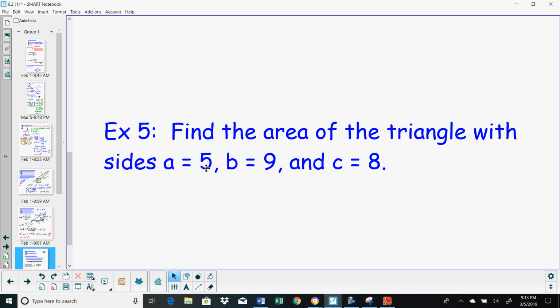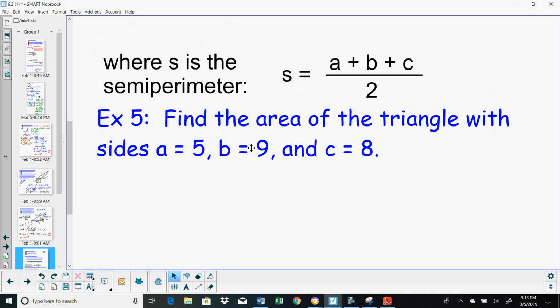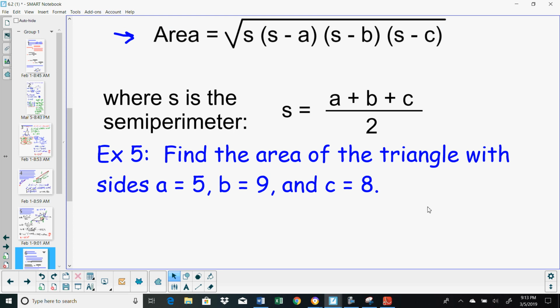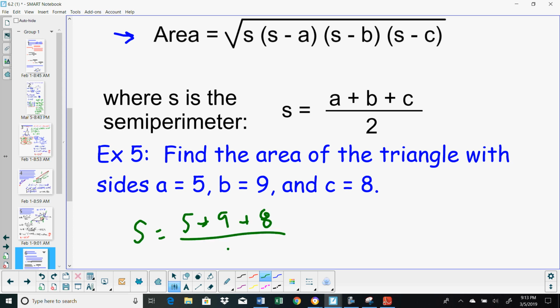For this one, let me move this up a little bit. We're trying to find the area of the triangle with sides 5, 9, and 8. So let's start off by finding the semi-perimeter. That's going to be equal to 5 plus 9 plus 8 divided by 2. 14 plus 8 is 22 over 2.